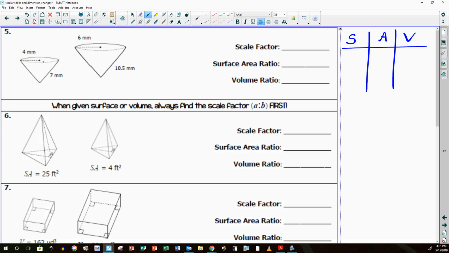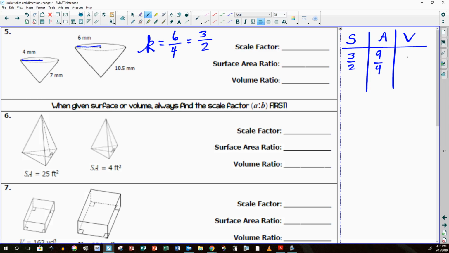All right, so I'm going to compare. So this is 6/4. So my scale factor is 6/4. 2 goes in 3 times, 2 goes in 2 times. So my scale factor is 3/2. Take this and square it. So this is A over B. This is A squared over B squared. So that would be 9/4.